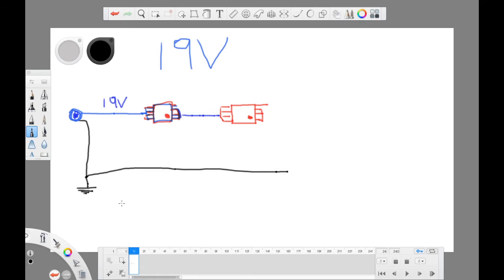So along the way here, you will have capacitors. You will have ceramic capacitors to smooth or to rectify the power, the 19 volts.